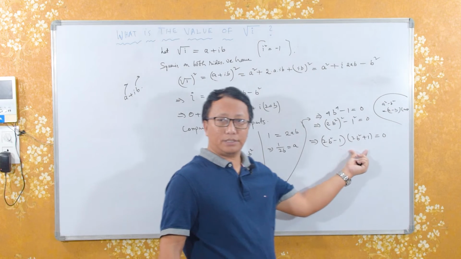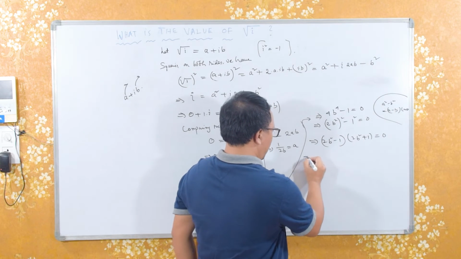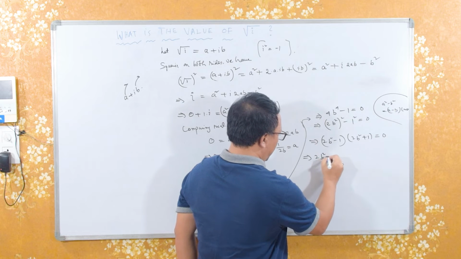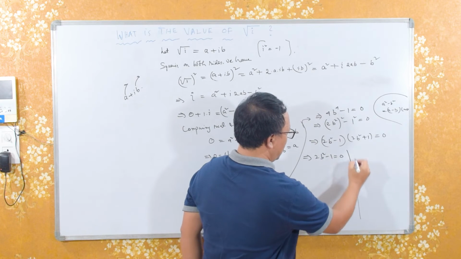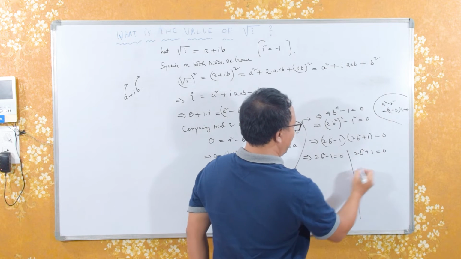Either this into this equals 0, which means either this equals 0 or this equals 0. This implies 2b² − 1 = 0 or 2b² + 1 = 0.